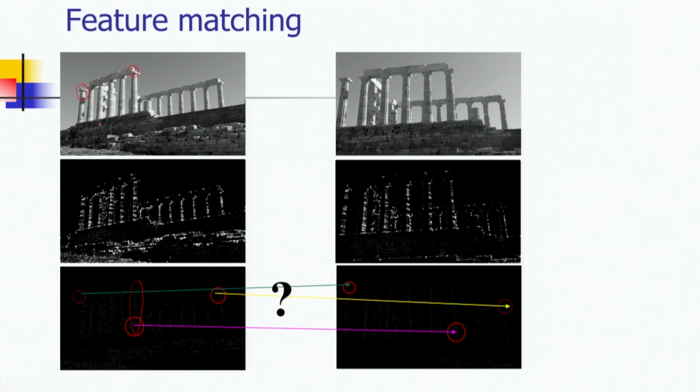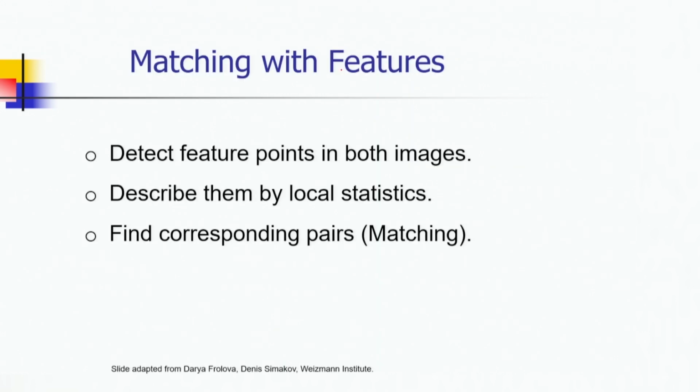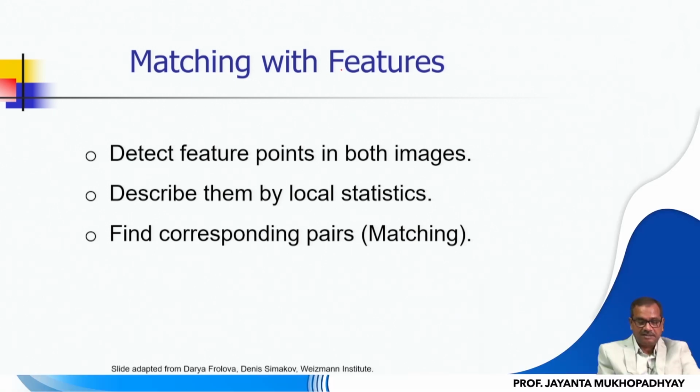In the respective images, if we can somehow capture where there is a similarity between the statistics, then we can establish these correspondences. That is the task of feature description, and that is what we will consider in the next step.